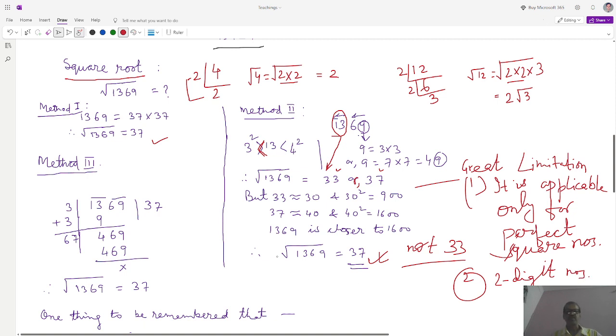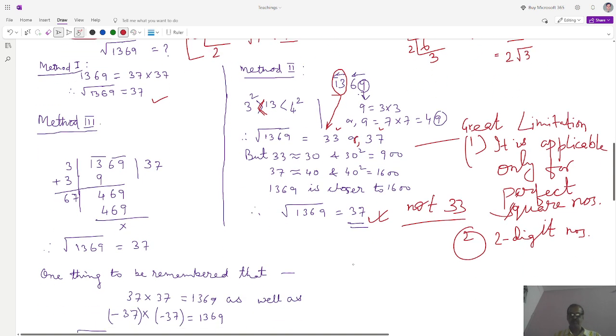So this method is not universal to find out the square root value, but it is very applicable for perfect square numbers and 2-digit numbers. If we have to do the square root of a 2-digit perfect square number, then it will be very helpful.